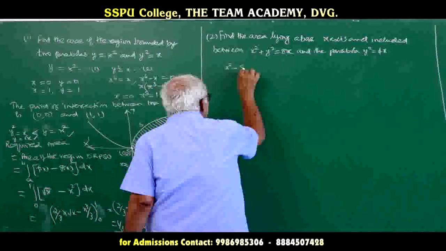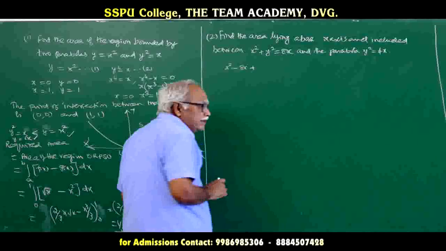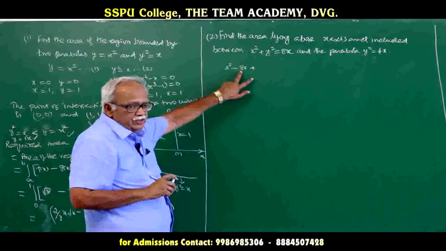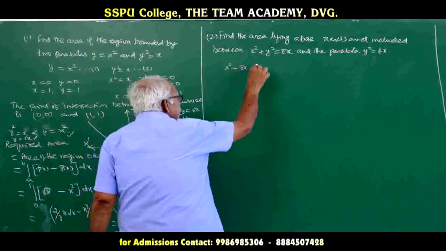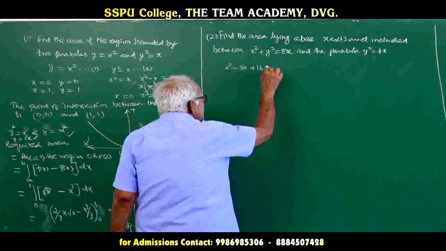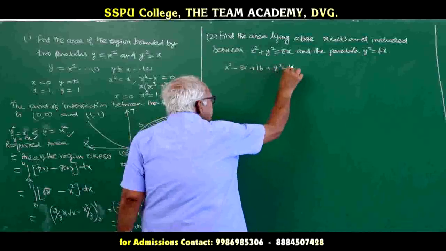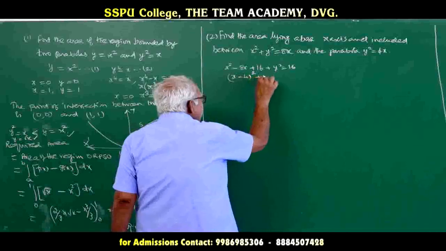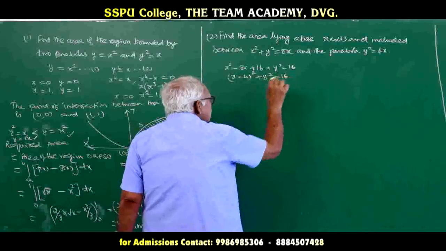This is x square minus 8x, that is completing the square. So, x square term is there, 2ab term is there. For completing the square, what you have to take? 16 plus y square is equal to 16. This is x minus 4 whole square plus y square is equal to 16.